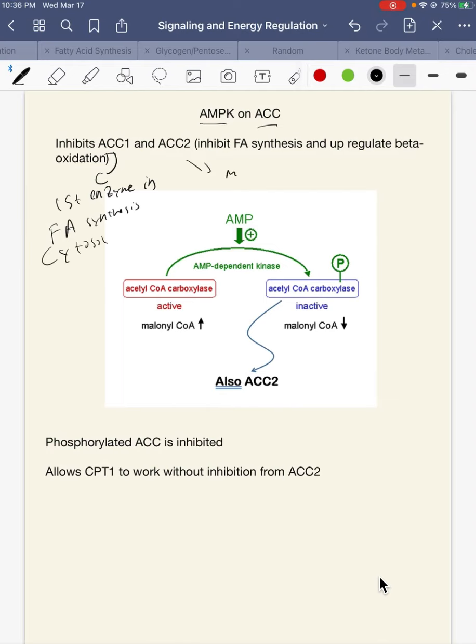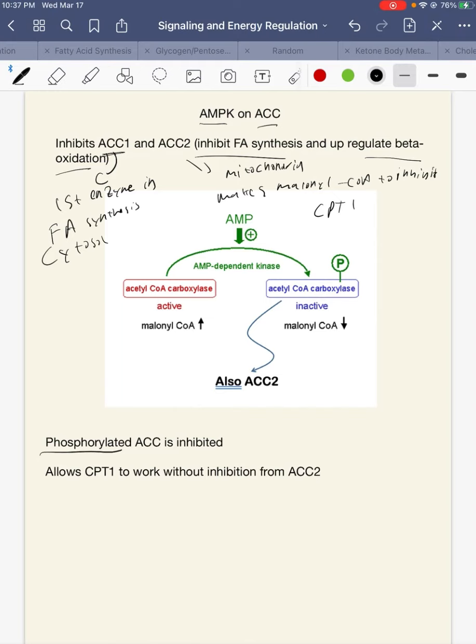ACC2 is the one in the mitochondria, and it's the one that makes malonyl CoA to inhibit CPT1. Okay, so do we want to run fatty acid synthesis when AMPK is activated, when we have low energy? Probably not. So we will inhibit fatty acid synthesis by inhibiting ACC1 and ACC2, and then we'll upregulate beta oxidation when we do that.